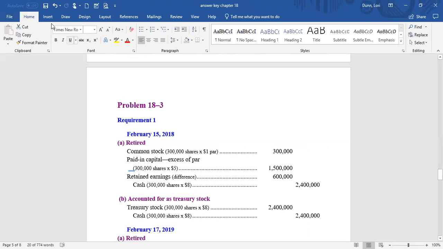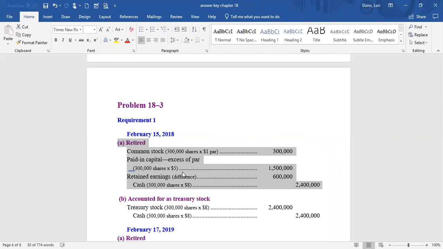So in Part A, February 15th, the company reacquired 300,000 shares at $8 per share. So credit cash, $2.4 million. Debit, now the assumption in Part A is that we're retiring it immediately. So we'll take the 300,000 shares times $1 par value and debit common stock. Now, since the paid-in capital in excess of par is at $30 million for 6 million shares, the assumption is the excess of par amount is $5 per share.